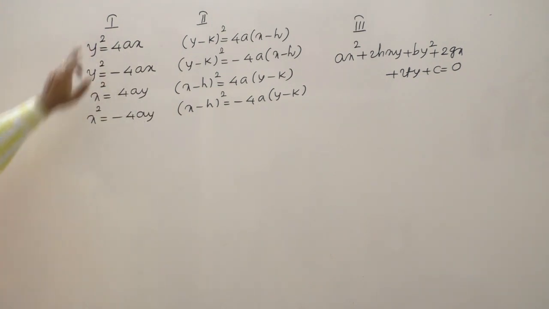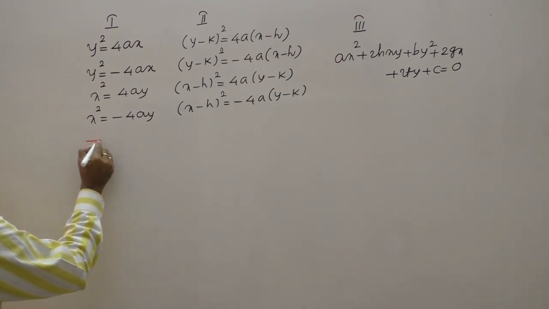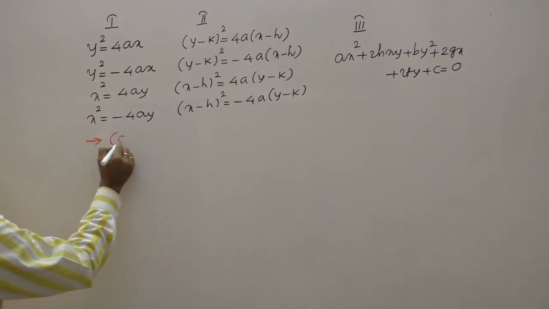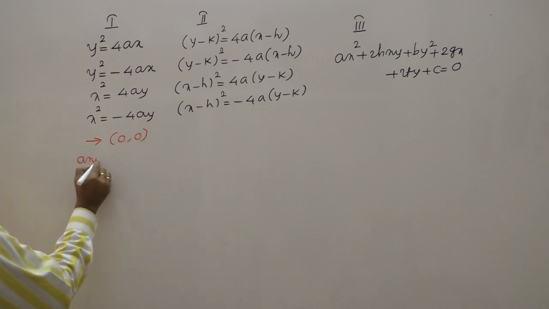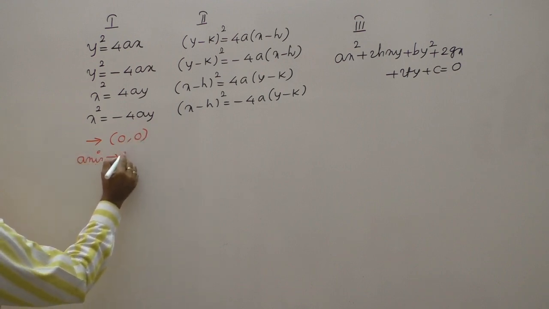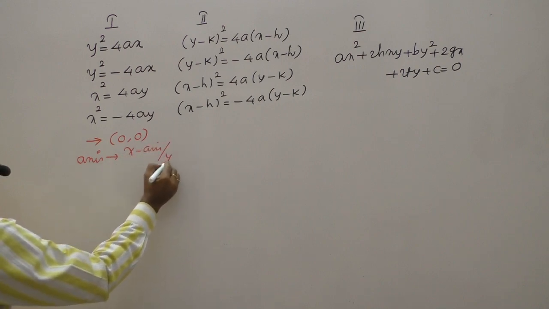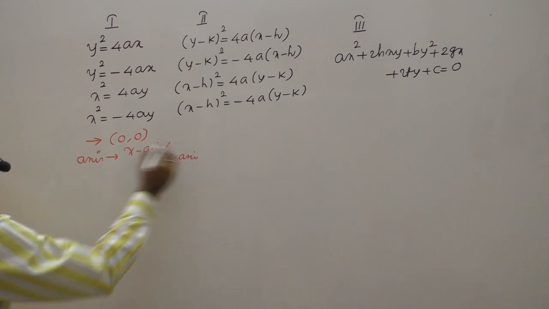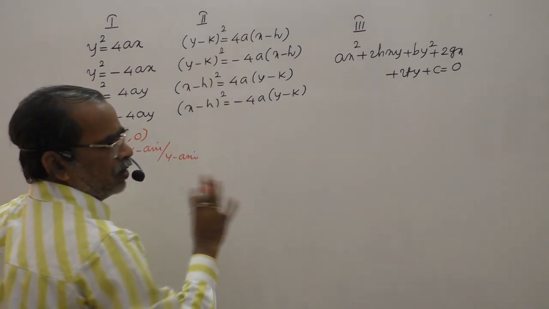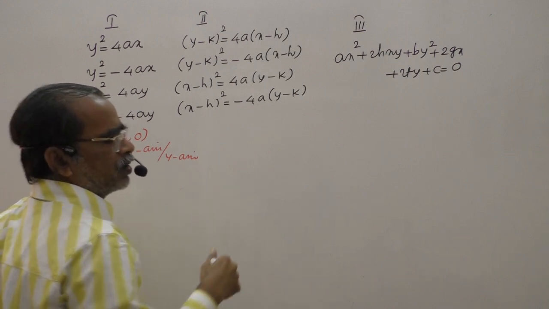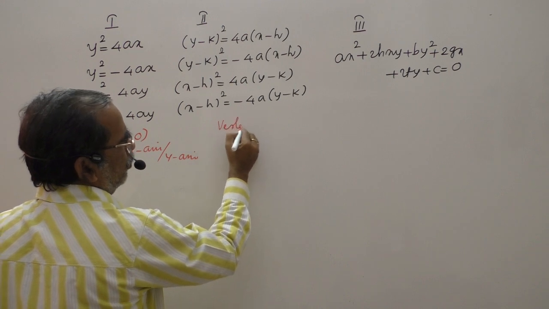If a parabola is in the first set, listen carefully. What things are important? Vertex should be 0, 0, and the axis should be either x-axis or y-axis. If the parabola is in the second one, the vertex is not 0, 0; the vertex is h comma k, any h comma k.